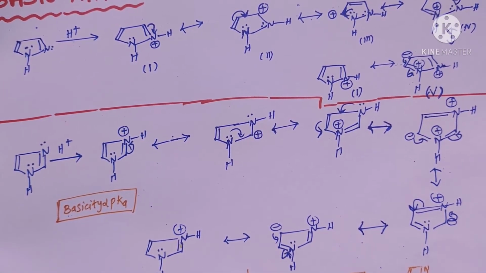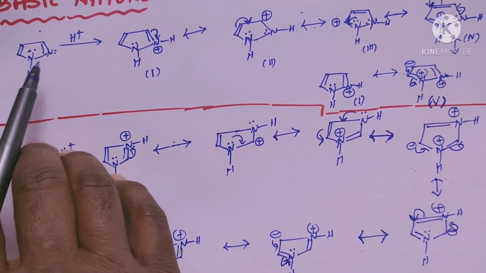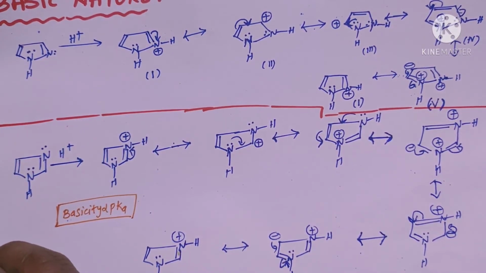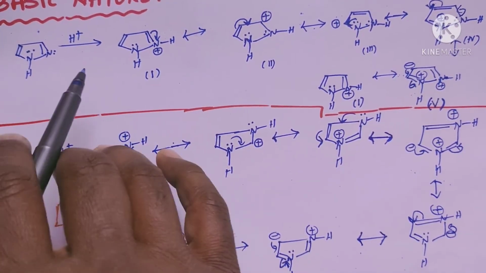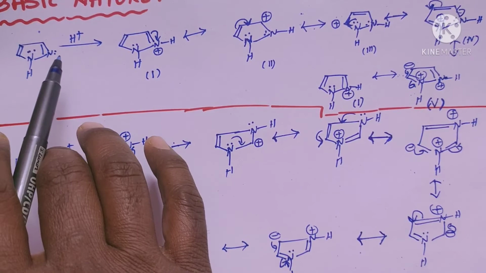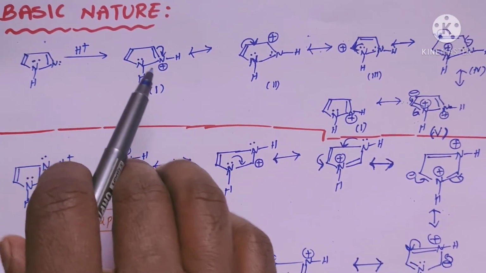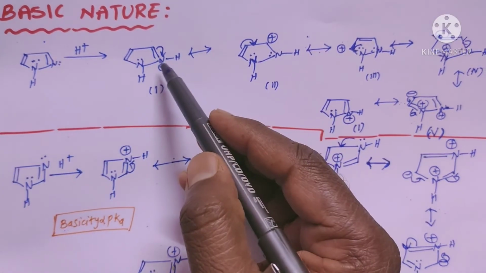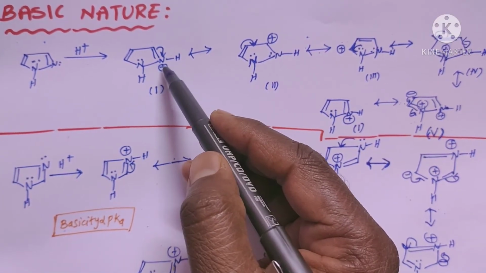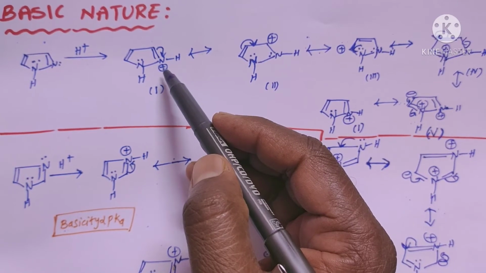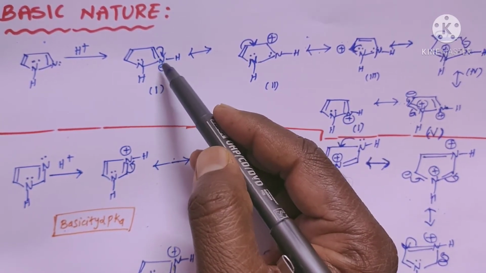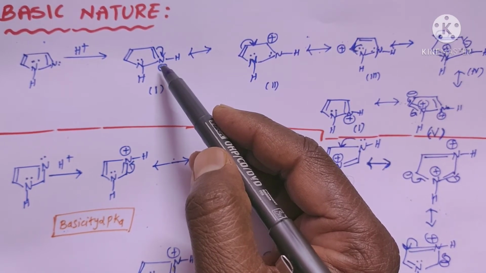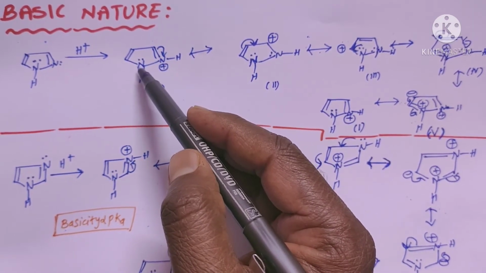But in pyrazole, two nitrogen atoms are present in adjacent positions. Due to this, the basic nature of pyrazole is less than the basic nature of imidazole. And again, on protonation, one of these two adjacent atoms becomes positive. That means the positively charged nitrogen atom decreases the electron donating capacity of the second nitrogen atom.